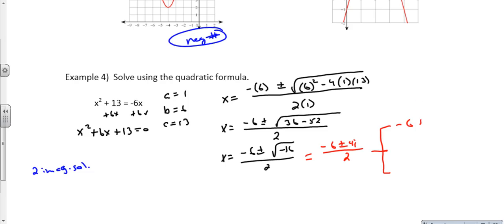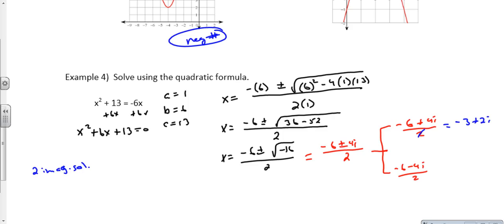We have negative 6 plus 4i over 2 and negative 6 minus 4i over 2. Now notice that all three of these pieces, negative 6, 4i, and 2, are all even numbers. So I could actually divide that all by 2, and that would give me negative 3 plus 2i.